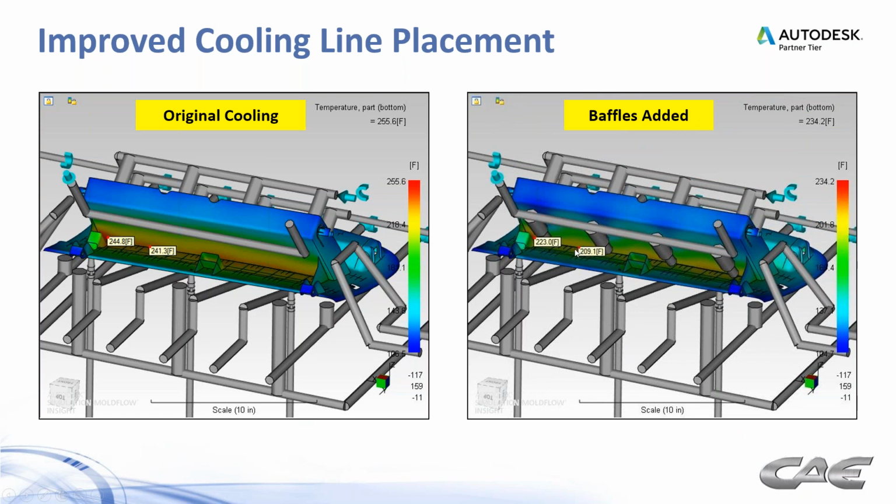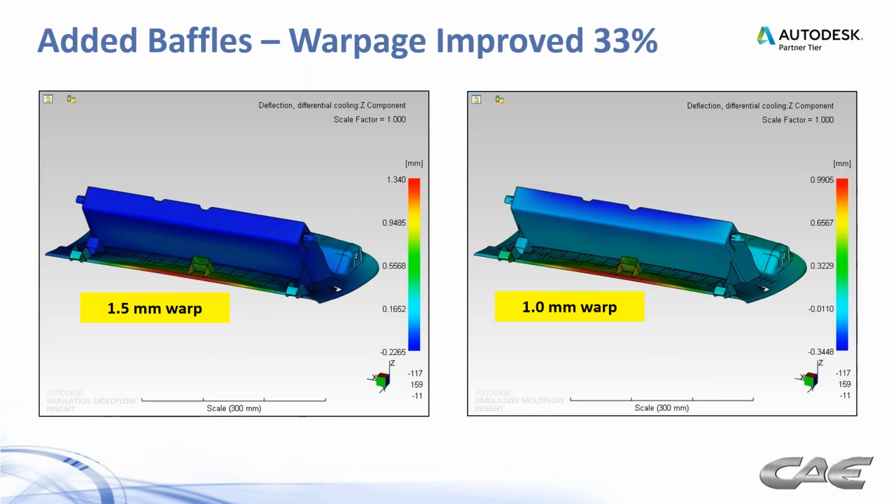So we add some baffles, and we see that temperature drop from 244 down to 223 in this corner, 241 down to 209, out near the center of the part. So we see some improvement. That's great, but it's still a temperature that's too high, and we want to try to improve on that.